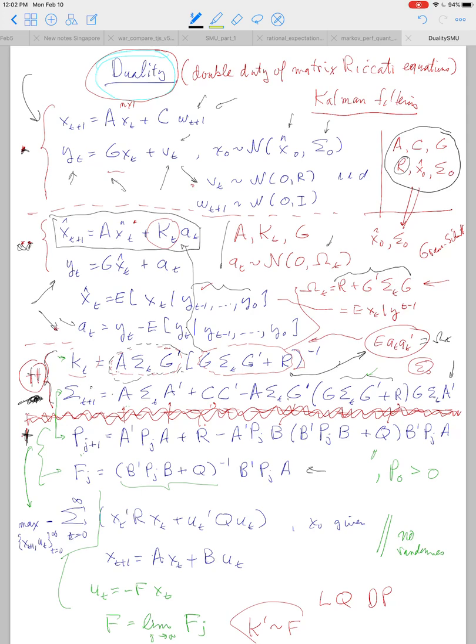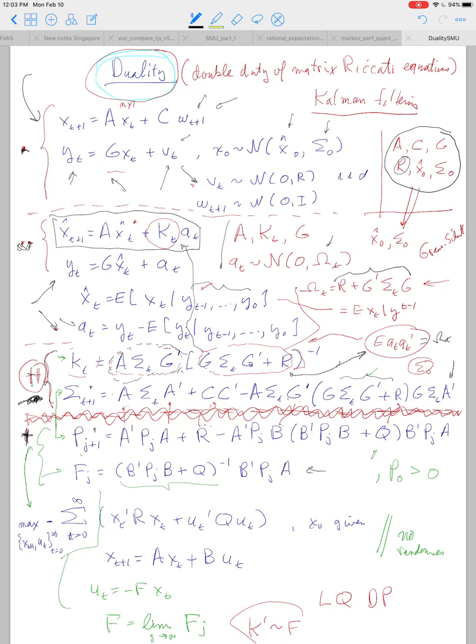Stare at the equation for sigma and the equation for P, and then notice if we took the equation for P and changed A to A prime, we change P_j to sigma_t, we change R to CC prime. We've already changed B to G prime. Then they match up exactly.